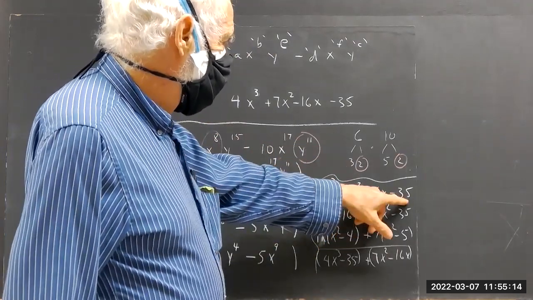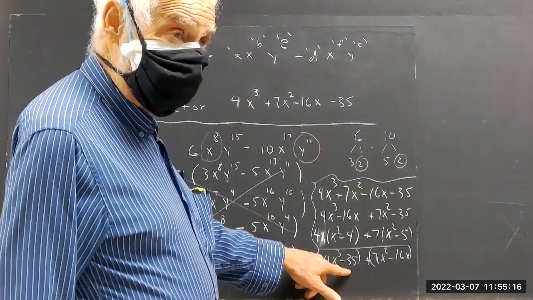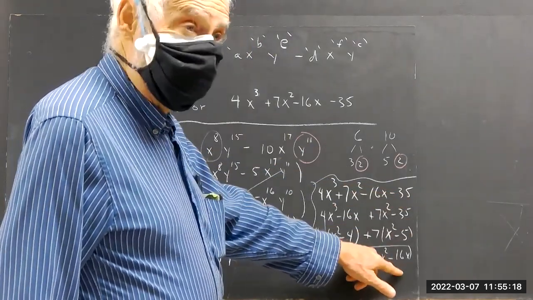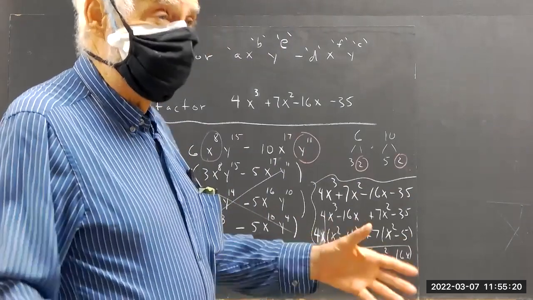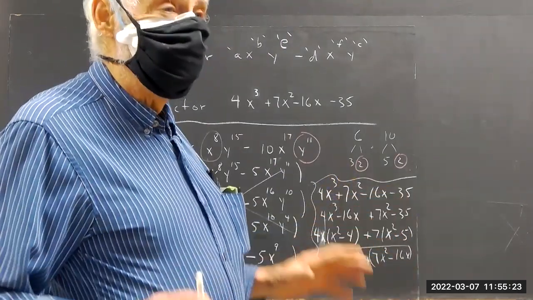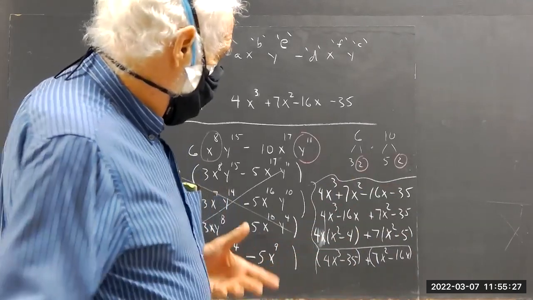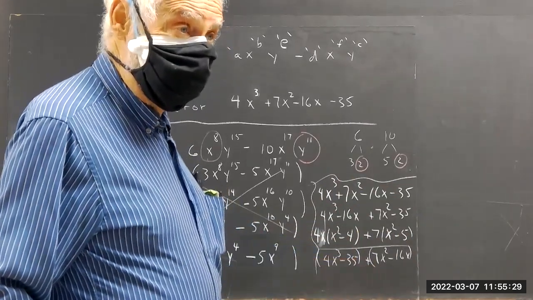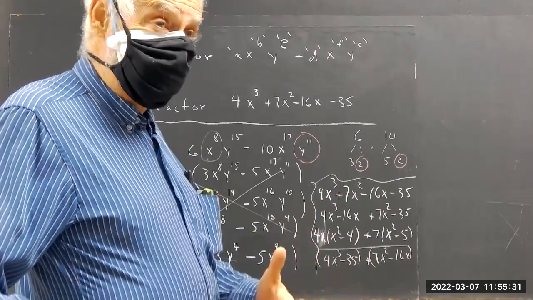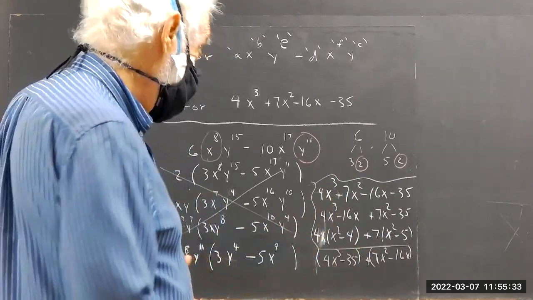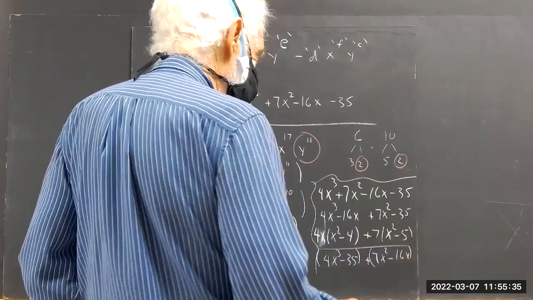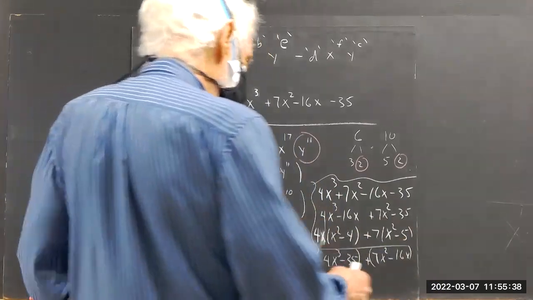Or the 4x cubed could be grouped with the negative 35. Well, that's even worse. It doesn't work worth a darn, but you see it as a possibility and you check it out. You pretty quickly learn that you wouldn't really try that, but you check it out until you get used to it. When you have more complicated expressions, check them out.